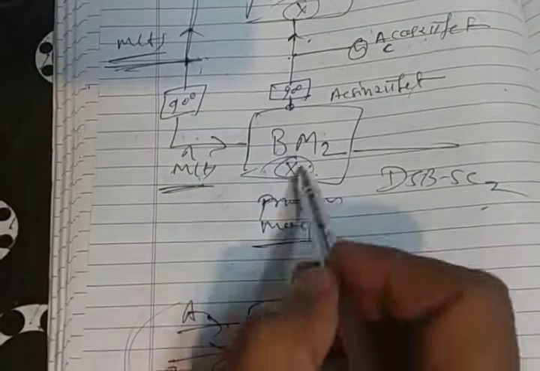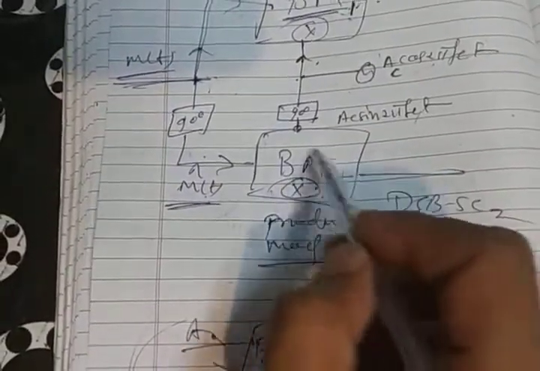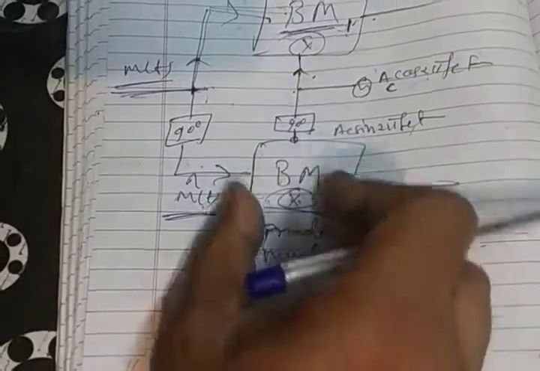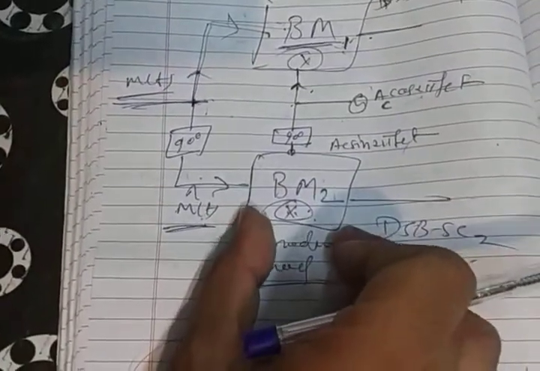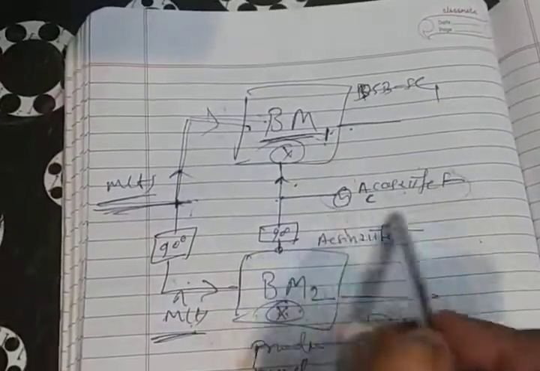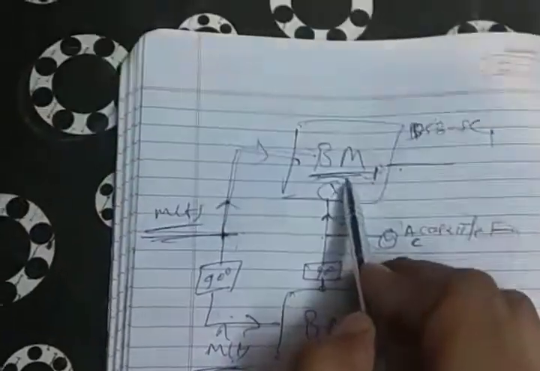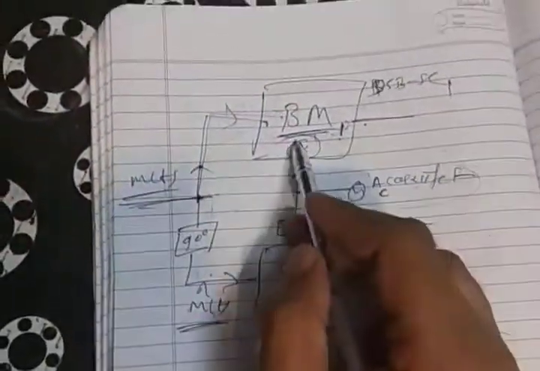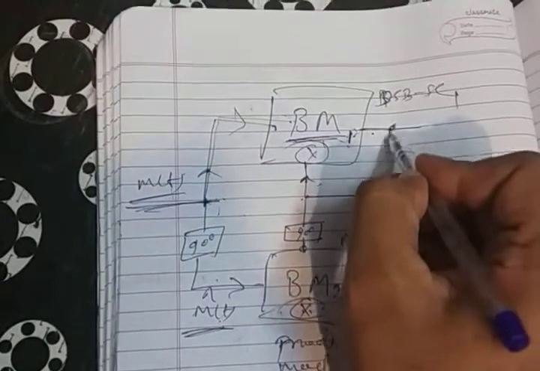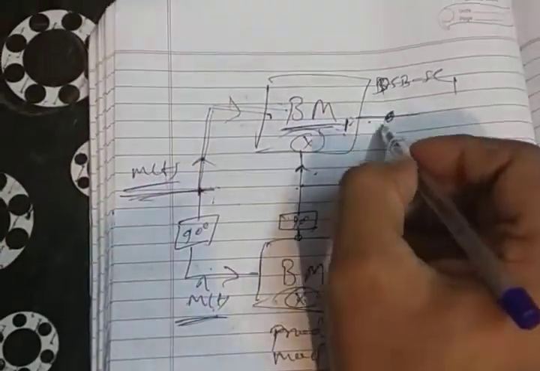So m hat of t and sin 2 pi fct are the input of balance modulator number 2, and Ac cos 2 pi fct and m of t are the input of balance modulator number 1. What is the output?